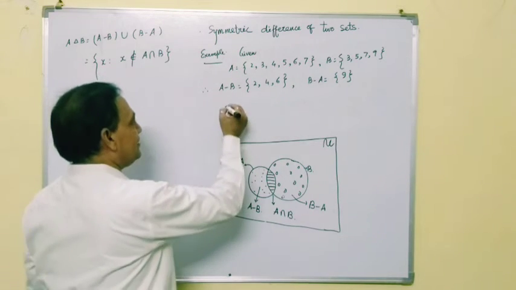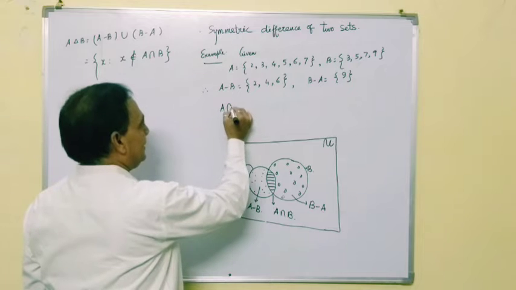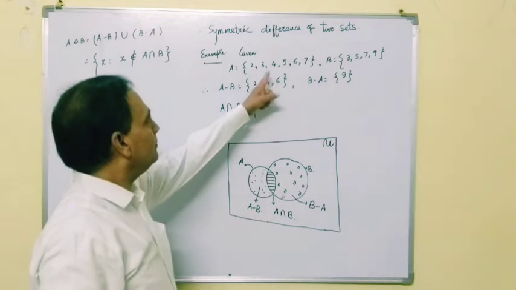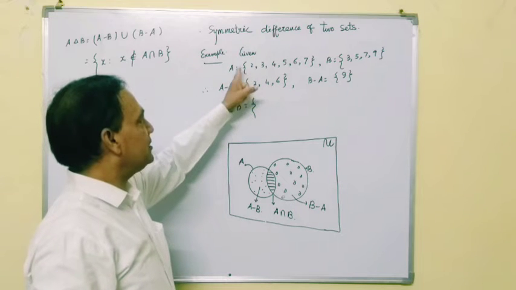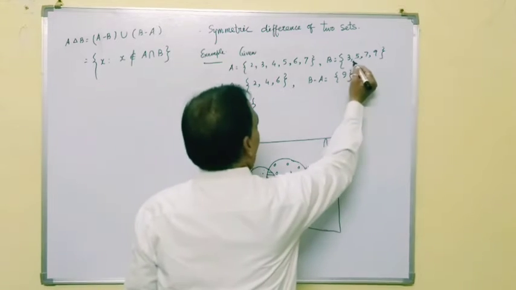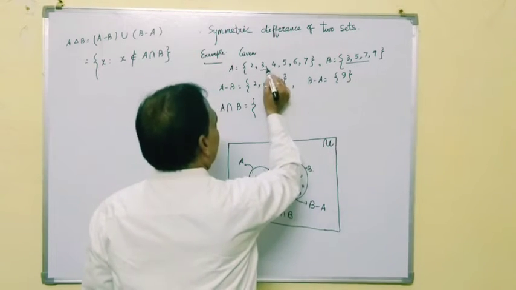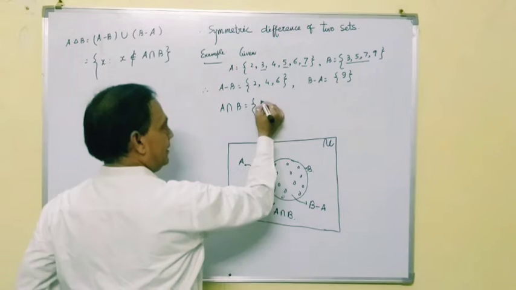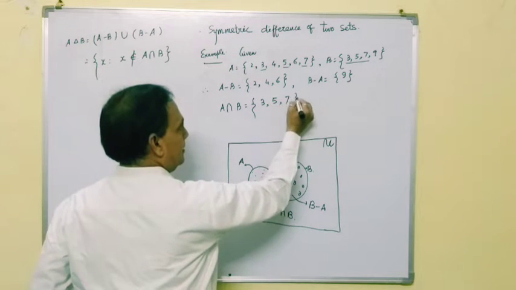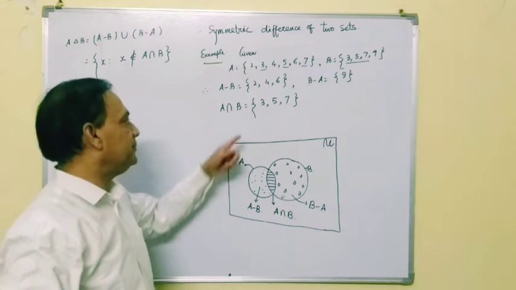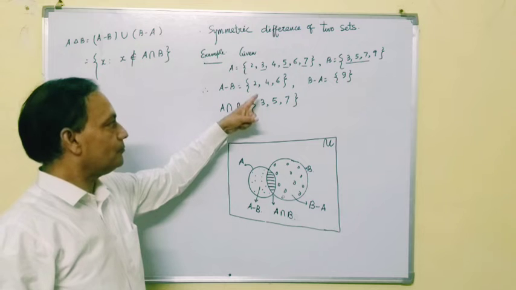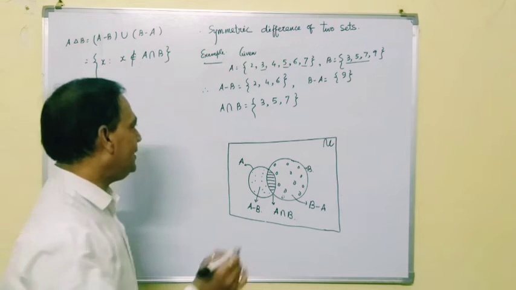What is A intersection B? A intersection B is all those elements which are in both A and B. तो 3, 5, 7 will be the elements which are common to A and B. तो ये हो गया. सिमेट्रिक डिफरेंस क्या है?